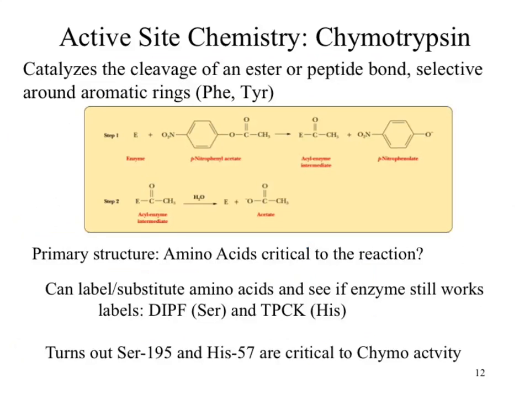If it doesn't change the reactivity, then that amino acid was likely not involved in the active site. When we do the changes, we also want to make sure we don't drastically change the structure, because if we change the overall three-dimensional structure, it's going to lose reactivity whether or not our primary amino acid change was in the active site.